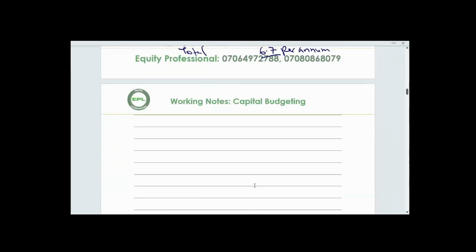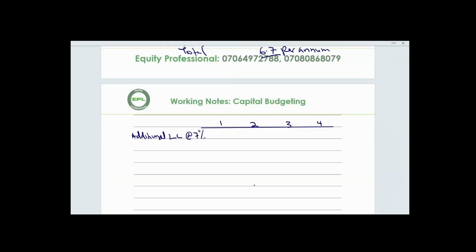So we then inflate this for year 1, year 2, year 3, and then year 4. Additional labor cost at 7%. Remember, labor cost is at 7%. Every other cost is at 5%.